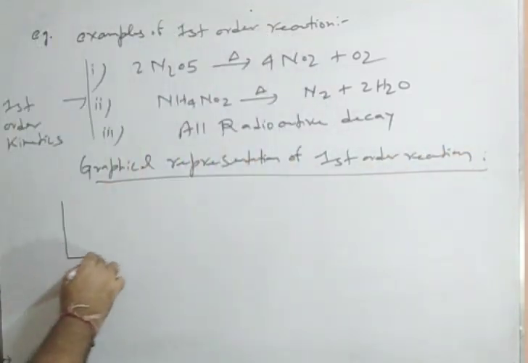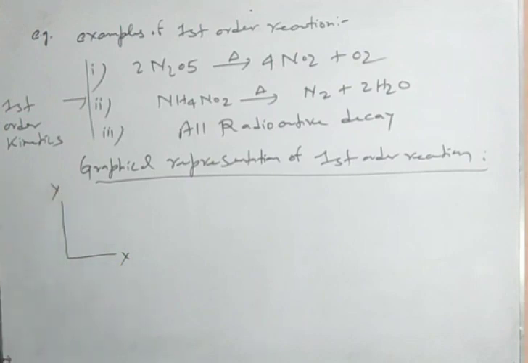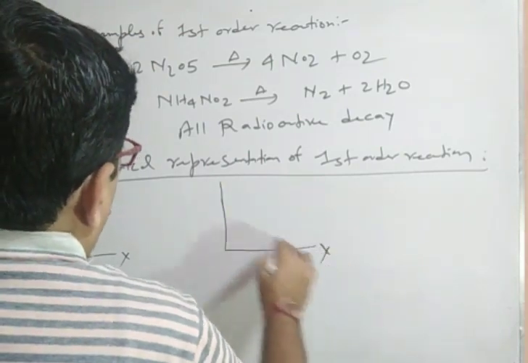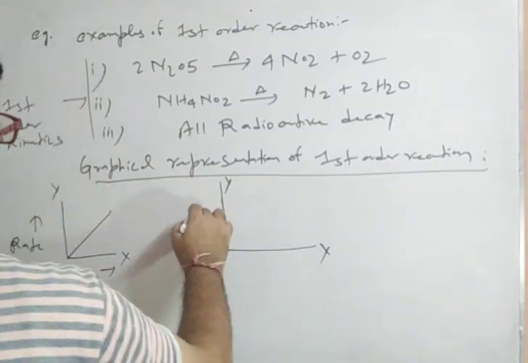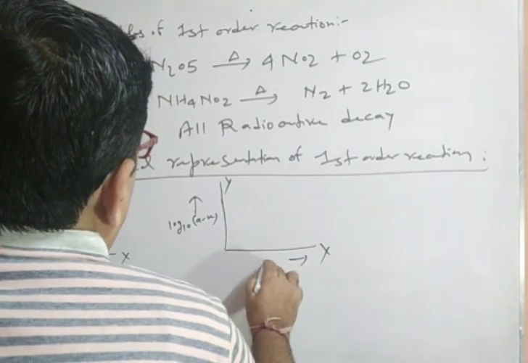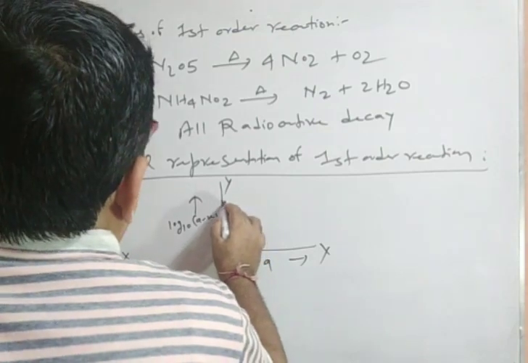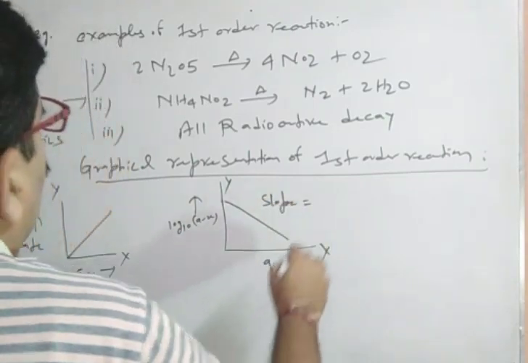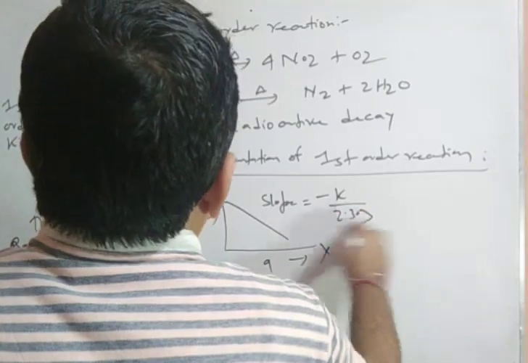Suppose this is the x-axis, this is the y-axis, and if we draw the graph between rate and concentration, then a straight line passing through the origin is obtained. Second, if we draw the graph with log base 10 of a minus x on the y-axis and time on the x-axis, then a straight line is obtained, and the slope is equal to minus k by 2.303.